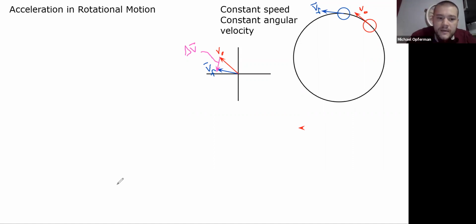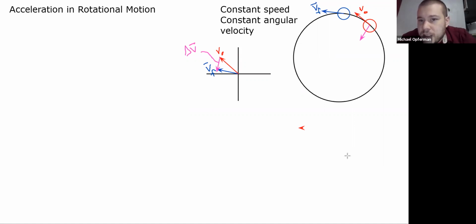If we were to take that delta V and move it back into the top right picture, it would look something like this. And not surprisingly, it would be perpendicular to the initial velocity vector. That's because I'm assuming here that the speed of the object is constant.